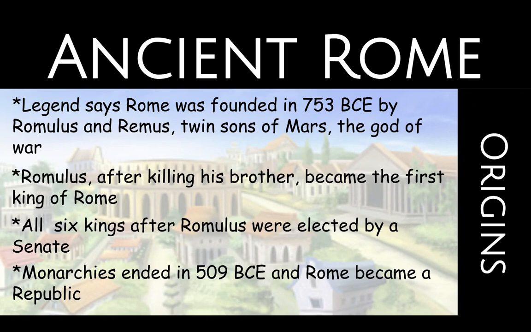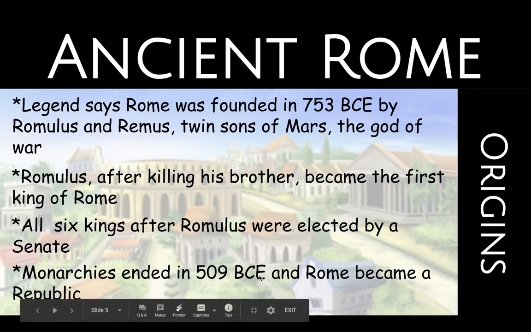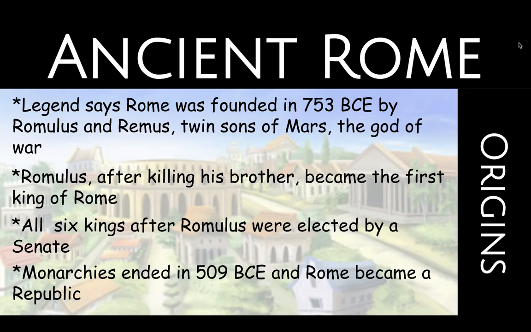All of the 6 kings following Romulus were elected by the Roman Senate. So Rome was ruled by kings from 753 BCE all the way until 509 BCE, when Rome became a republic.